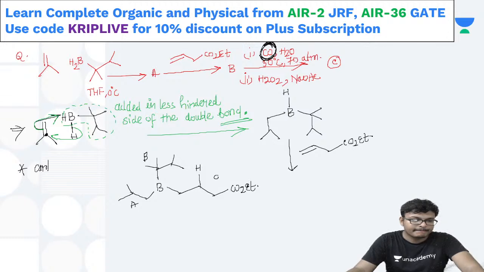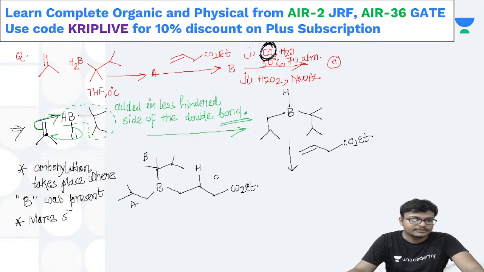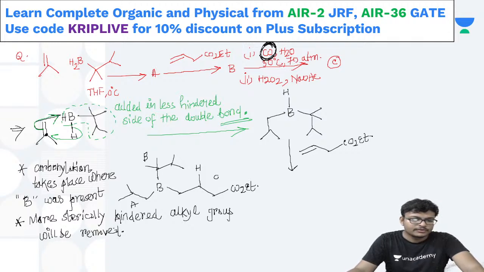Write down the carbonylation. Which is sterically hindered among A, B and C?